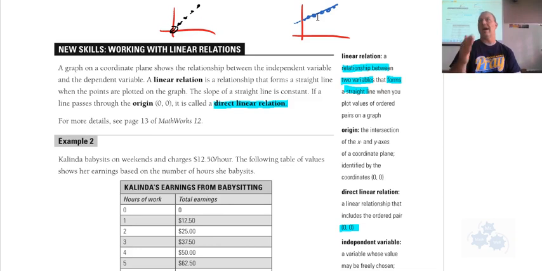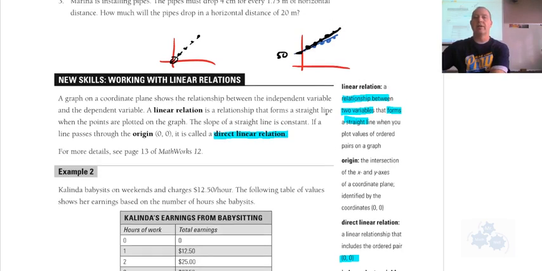And then every hour after that, $50 gets added on. So it would be kind of like this. Here's the $50 that you owe immediately after they come, and then there would be another $50 every hour that they work. And so that would be a straight line kind of like that. Okay? So that's an indirect linear relation. Indirect. So there's direct and there's indirect.